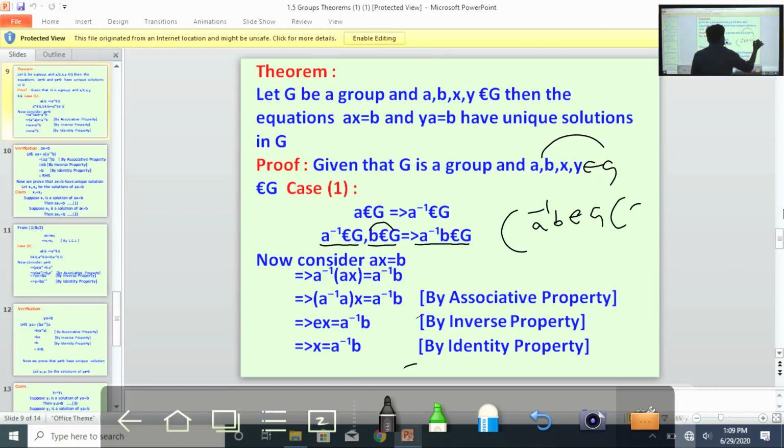Because G is a group, by closure property: A, B belongs to G implies A dot B also belongs to G, right?